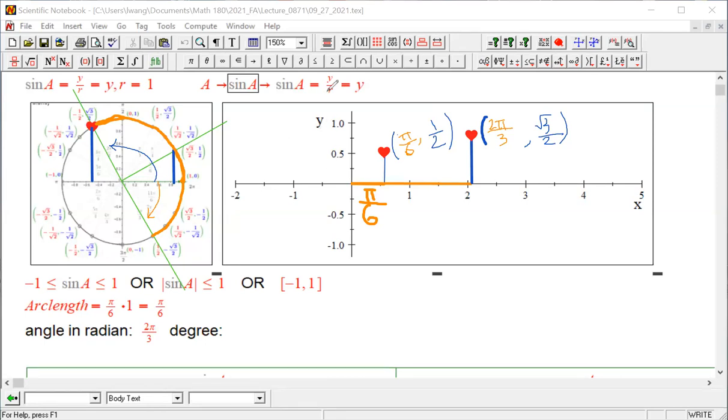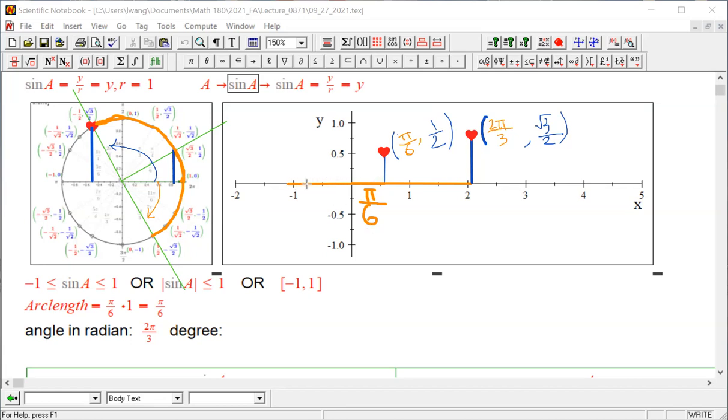I'm going to take this piece of arc length and stretch it straight. And then I'm going to put it where? Negative pi over 3 should be a little bit more than negative 1, so I'm going to measure right over here. You guys see that?